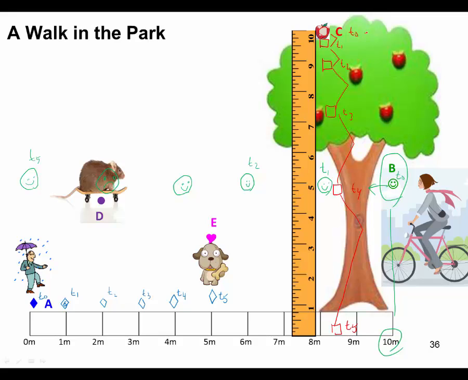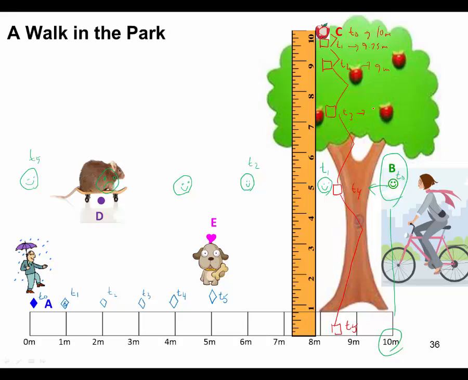At time 0, he's at 10 meters. At time 1, he's at, let's call this, I don't know, 9.75 meters. Remember, I'm just guesstimating, making these things up. At time 2, let's just say he's at 9 meters. All right.